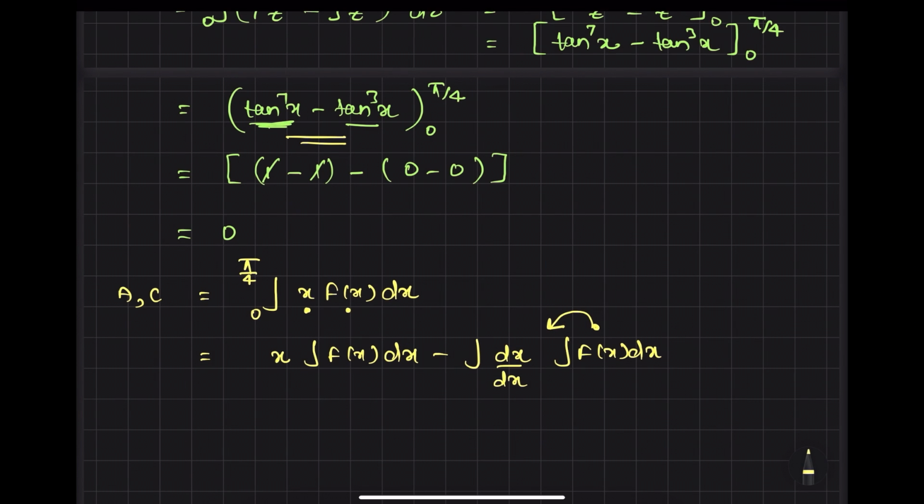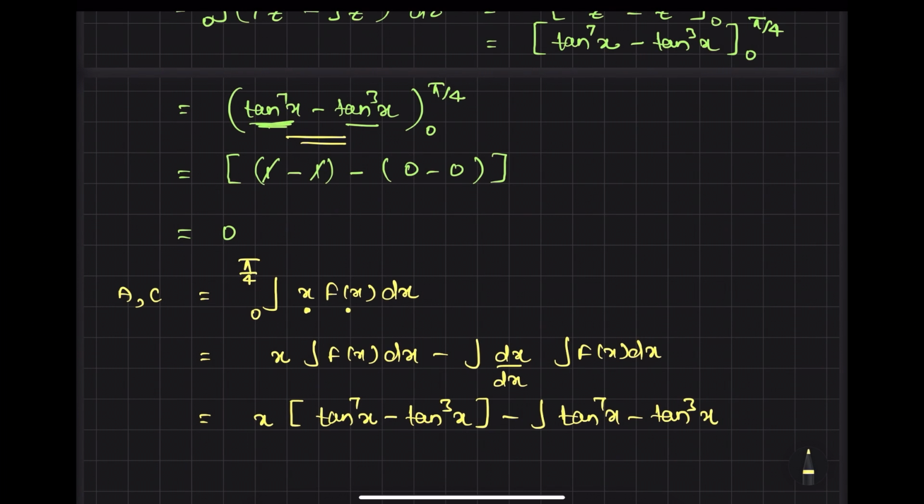Okay. Now you know that the integration of f of x was what? It was tan power 7x minus tan power 3x, minus the integration of dx by x is 1. Now the integration of f of x is what? tan power 7x minus tan power 3x.